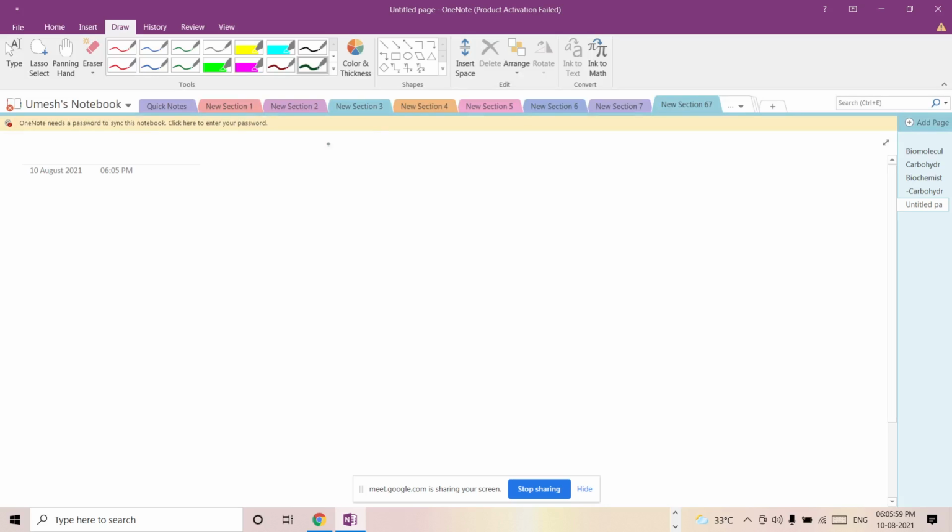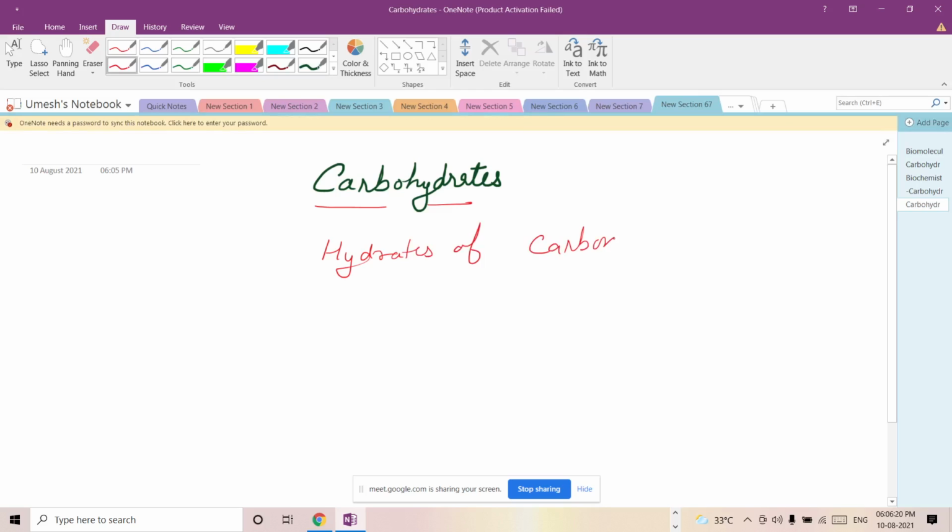So what are carbohydrates? Carbohydrates are those compounds which are hydrates of carbon. This is an old definition. Hydrates of carbon are called carbohydrates.